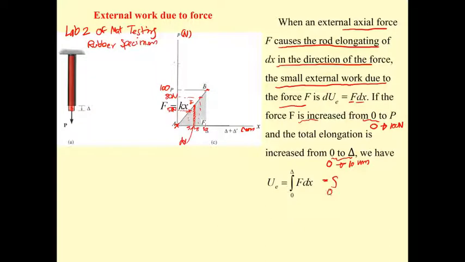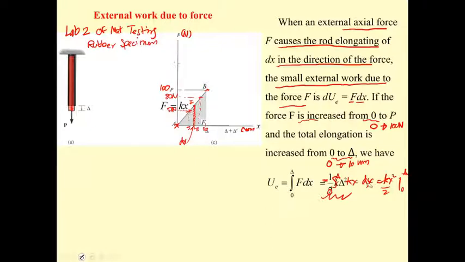This is going to be the integration of Kx dx. This is going to be Kx squared over 2 from 0 to delta. And then you get 1/2 K delta squared by integration of this function.